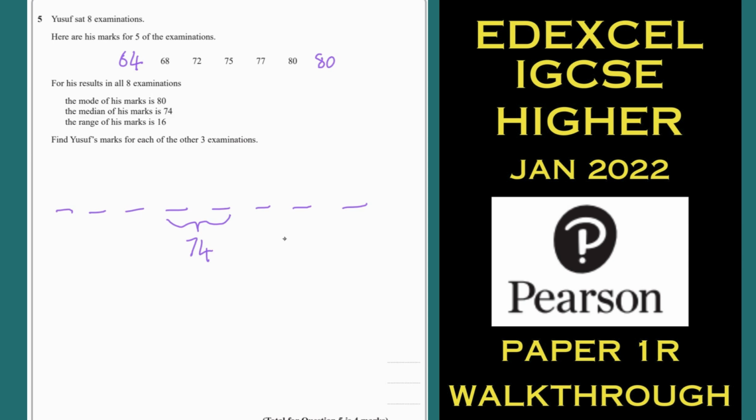So you need to put a number. There's not going to be a number in here, because that'll move the median up. You need to insert a number here, because that will make the median 74. You've got to slot in a 73, and that's what will give you the median of 74.